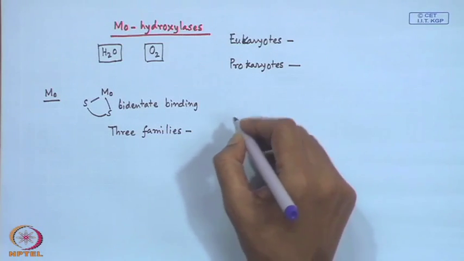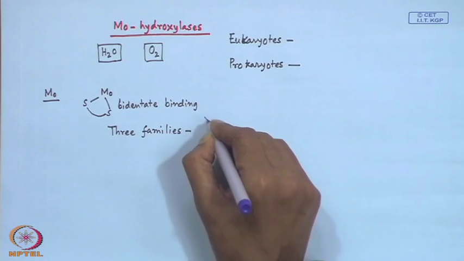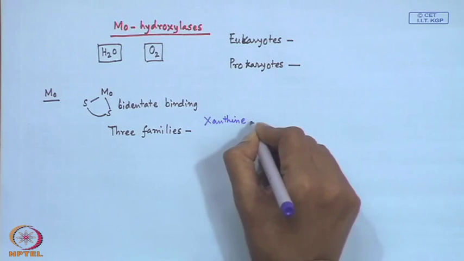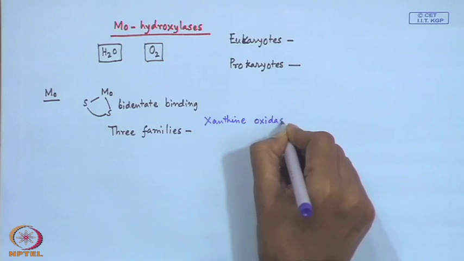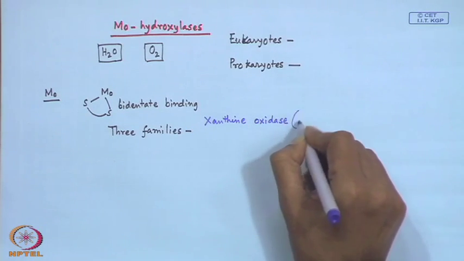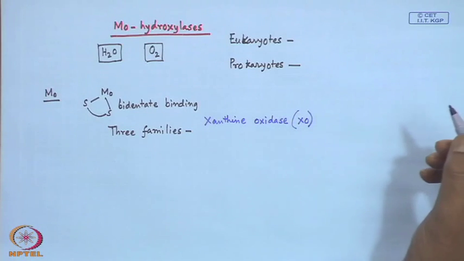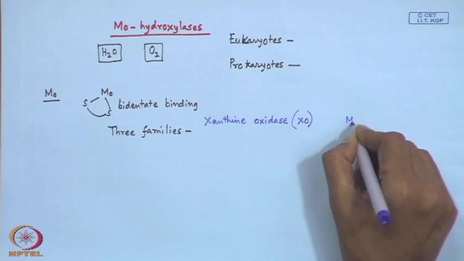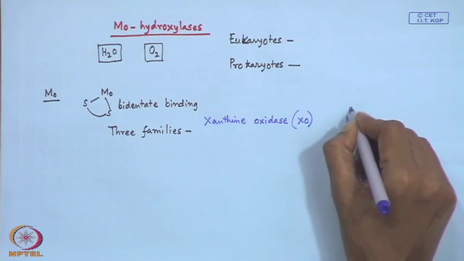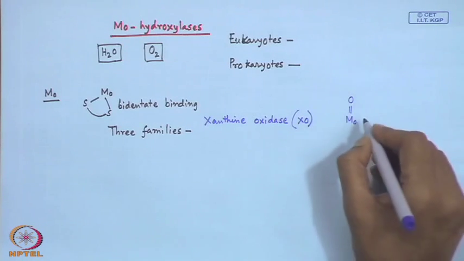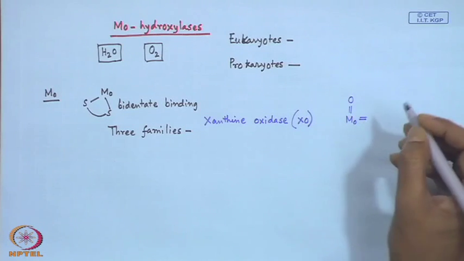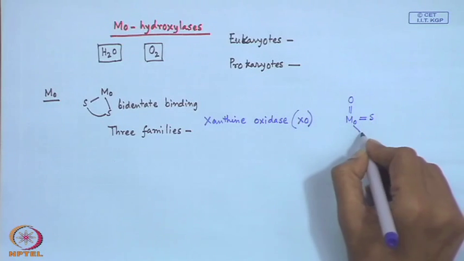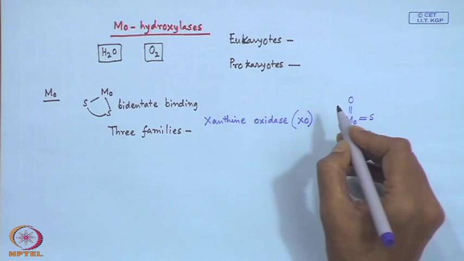The first one is xanthine oxidase, which we consider as XO, and here we have the molybdenum center, which is not only sometimes bound to the oxo form, but the sulfide function can also be present, and OH is also present.